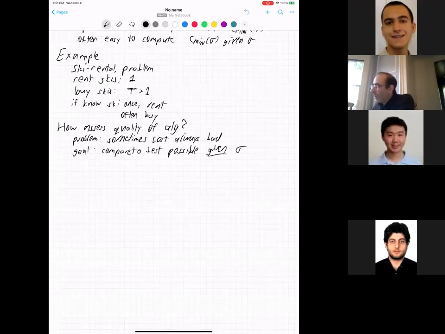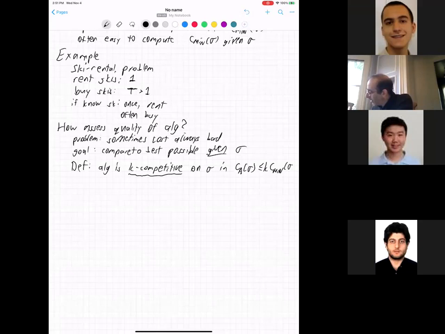Okay, so in particular, we define an algorithm to be k-competitive on sigma if the cost of the algorithm on sigma is at most k times the cost of the optimum for that same sequence sigma. And we say that the algorithm is k-competitive overall if it is competitive for all sequences sigma.